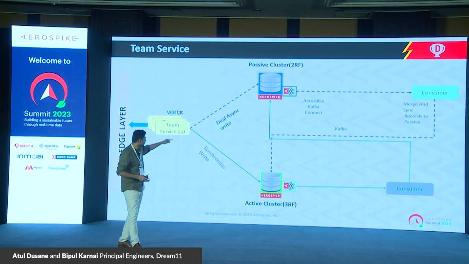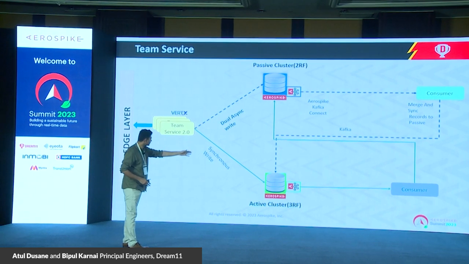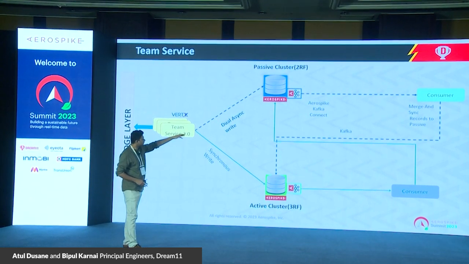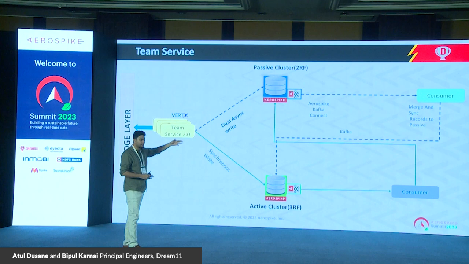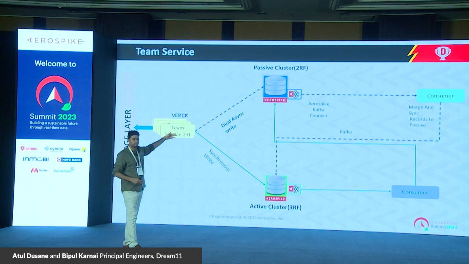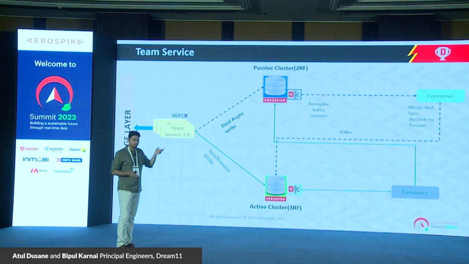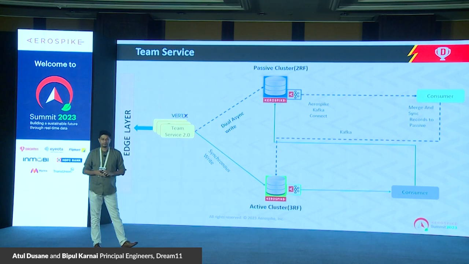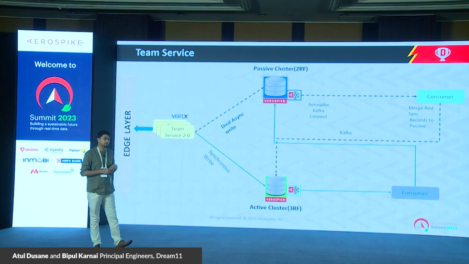Once you do a one-click switch, someone must be writing to active also, and after the switch, another user can still write to passive. So there can be a conflict, and to handle that conflict, we wrote our own consumers. This is more of a business way of handling the conflicts. That is why we had to go with a consumer.